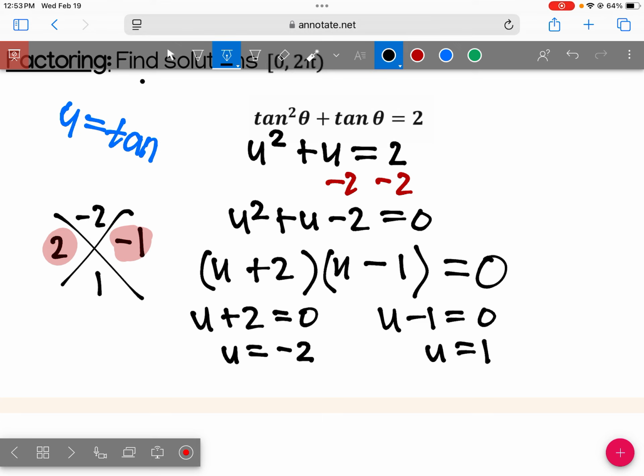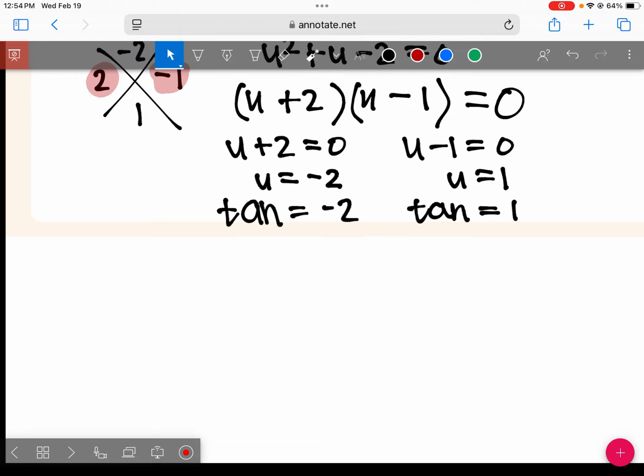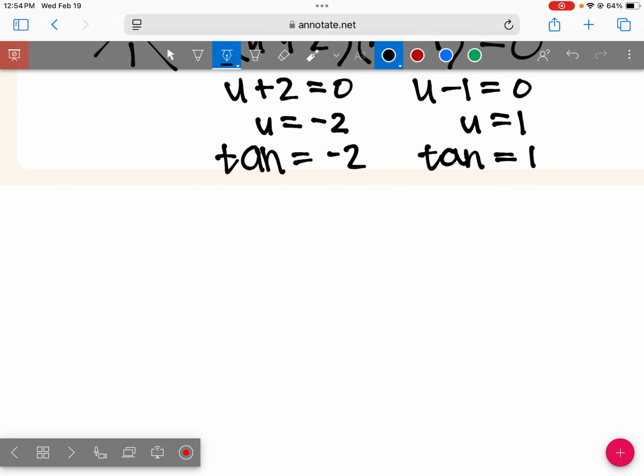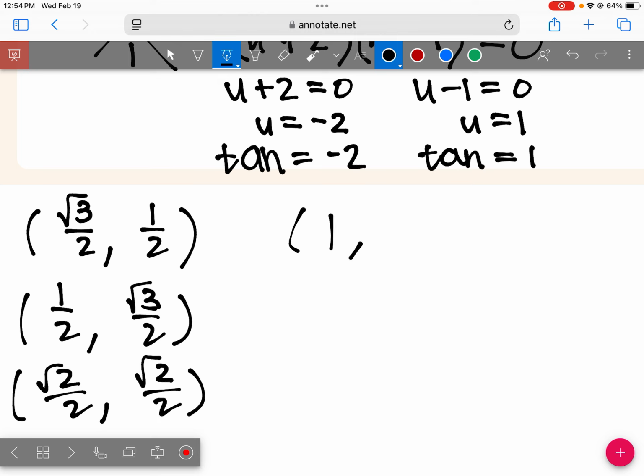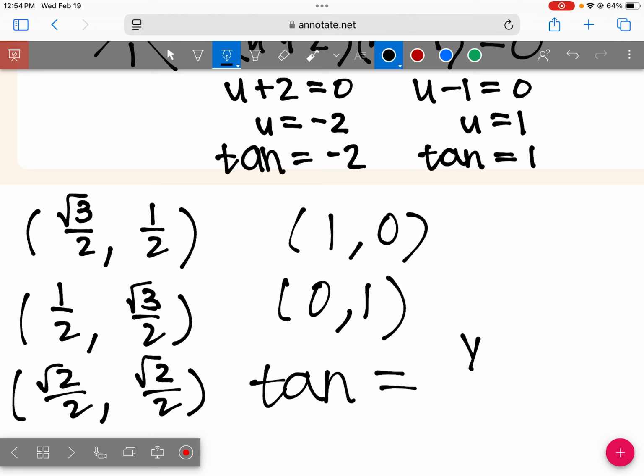Now, do we remember from Friday that once we got U equal to something, that's where we get to put our tangent back in? Tangent equal to negative 2, tangent equal to 1. Now, tangent comes from our ordered pairs. So we have a root 3 over 2, and tangent equals y over x.